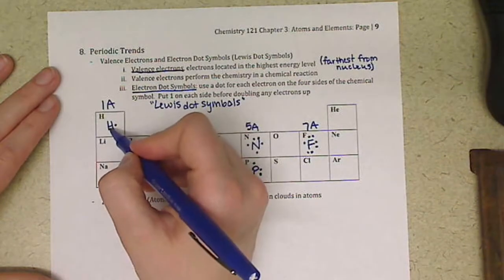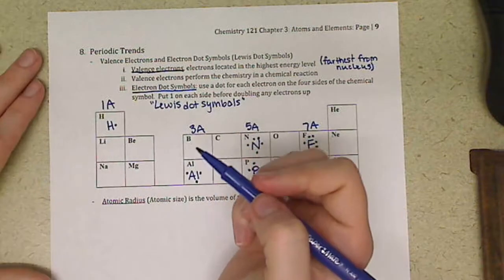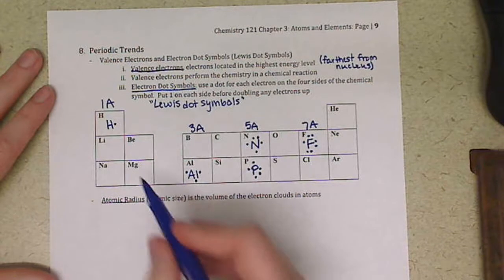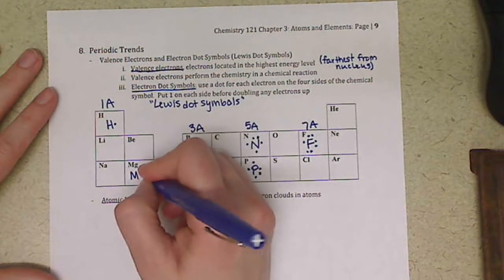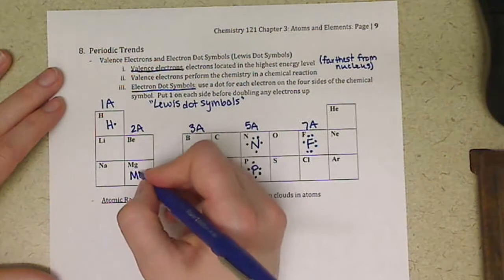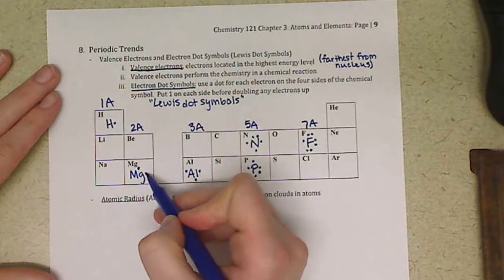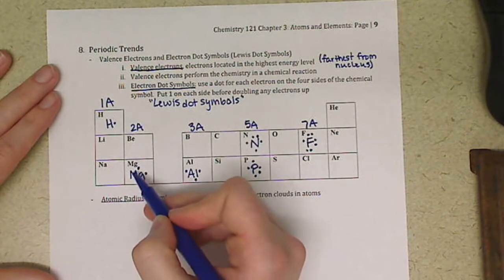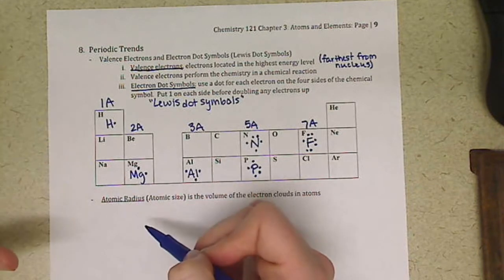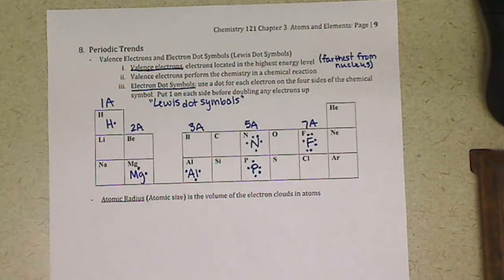And again, it wouldn't matter if we put that to the right, to the left, to the top, to the bottom, just so long as we have 1 dot on there. Let's do one more. Magnesium here is in group 2A. So we can go 1, 2. We could put these 2 dots across from each other. We could put them up and down, or on the right and the bottom. Again, it doesn't matter where we put them as long as we have 2 dots on there.